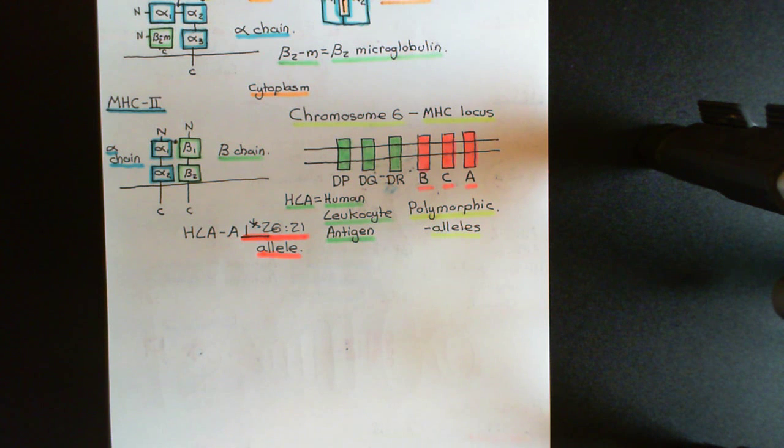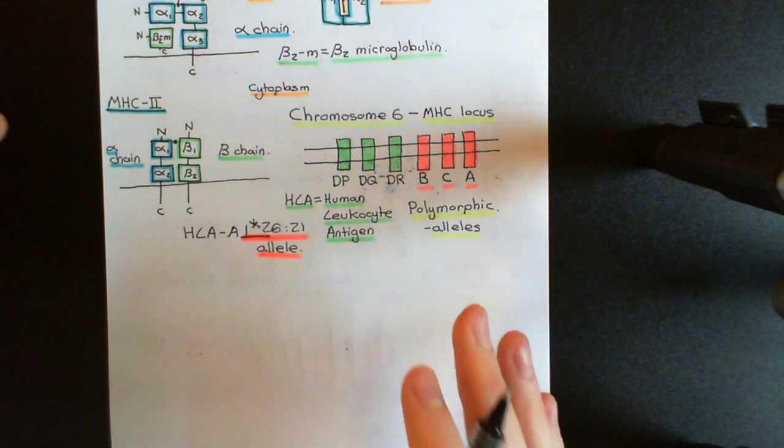Now, why is this important? Well, it becomes important when we start considering the specificity for binding a peptide fragment. What determines whether a certain MHC class 1 protein complex or a certain MHC class 2 complex can bind a certain peptide fragment in its peptide binding groove? And that's the topic that I want to discuss now.